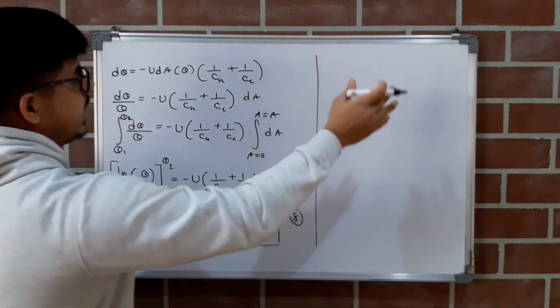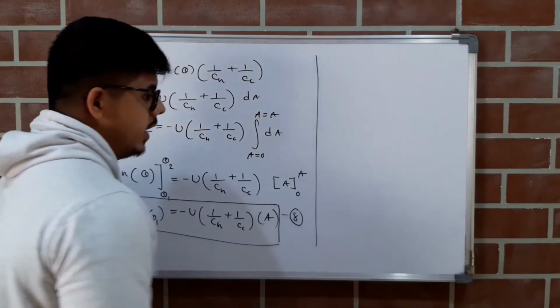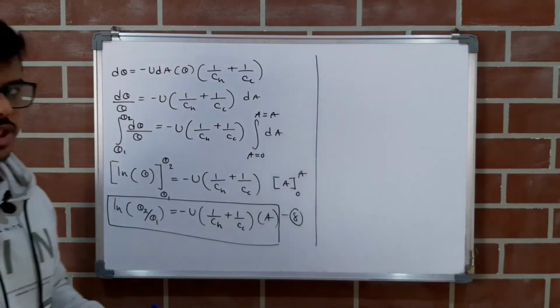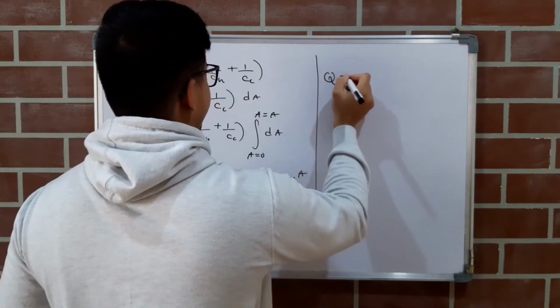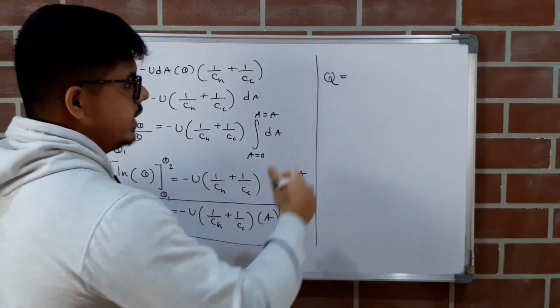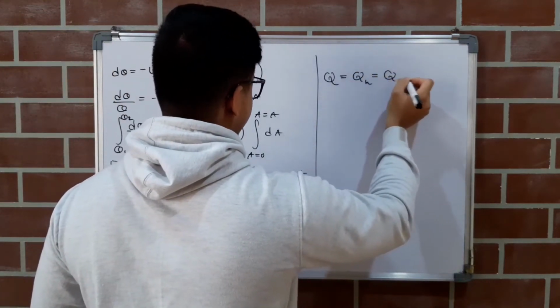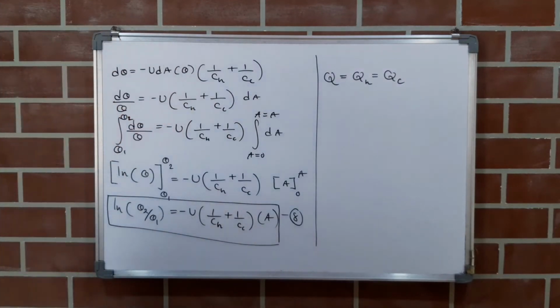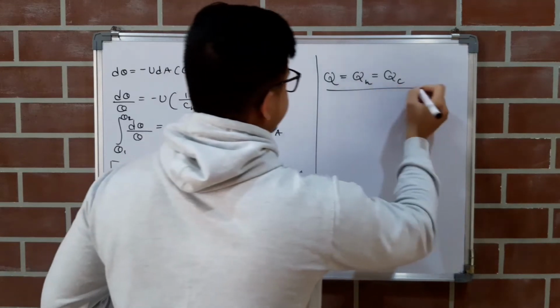So according to energy balance for the parallel flow heat exchanger, our Q, the total heat transfer rate of the heat exchanger, is equals to the heat lost by the hot fluid QH, which is equals to the heat gained by the cold fluid. Heat lost by the hot fluid is equals to heat gained by the cold fluid. This is our energy balance equation.